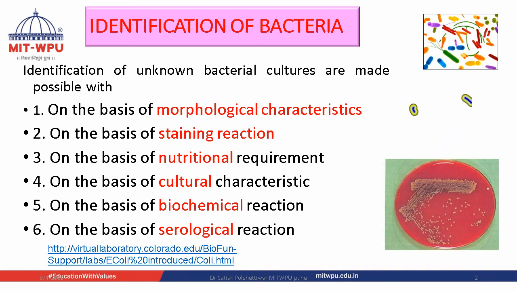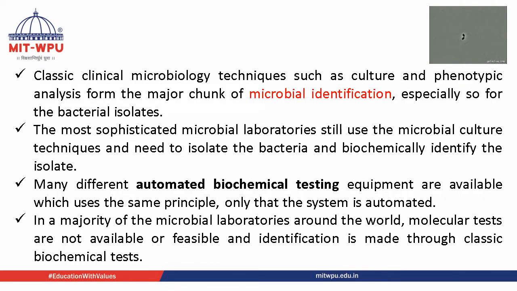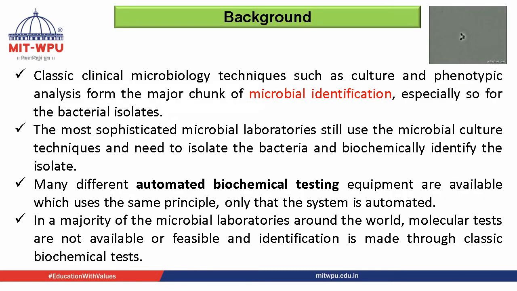Before starting this topic, let us look at the background: why we are studying this biochemical test. We all know the classic clinical microbiology techniques such as culture and phenotypic analysis form the major chunk of microbial identification, especially for bacterial isolates. The most sophisticated microbial laboratories still use microbial culture techniques, where the organisms need to be isolated first, maybe in the form of bacteria or fungal species.